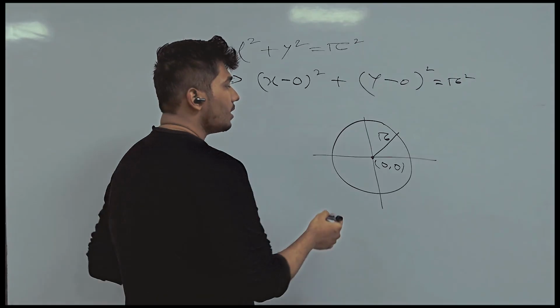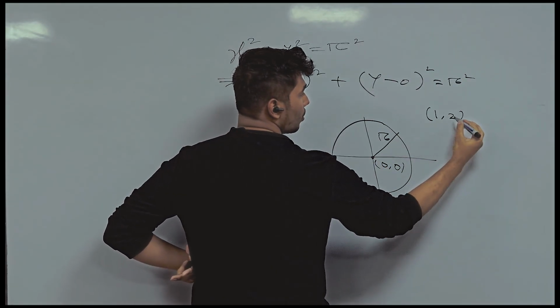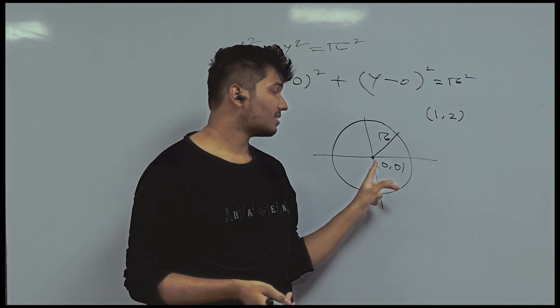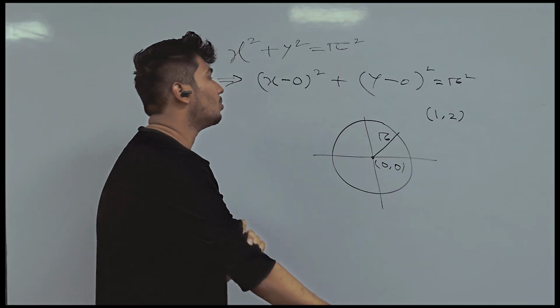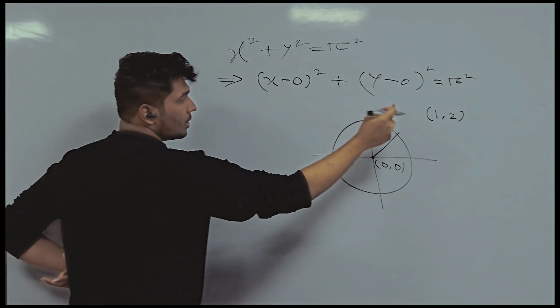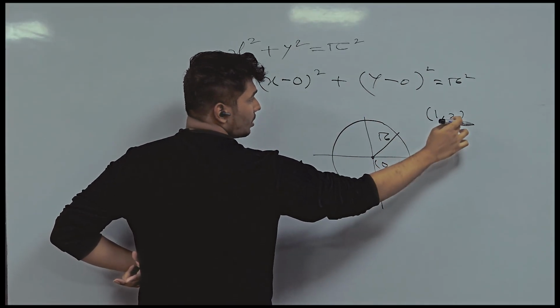Now I want this circle's center to be at the coordinate point (1, 2). How can we shift this circle's center to this point? We'll basically substitute this 0 with this 1 and this 0 with this 2.